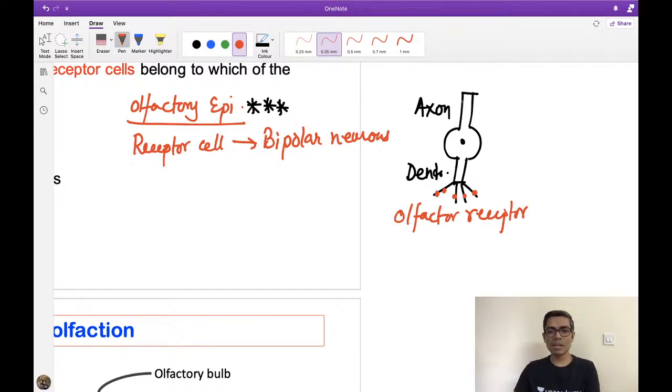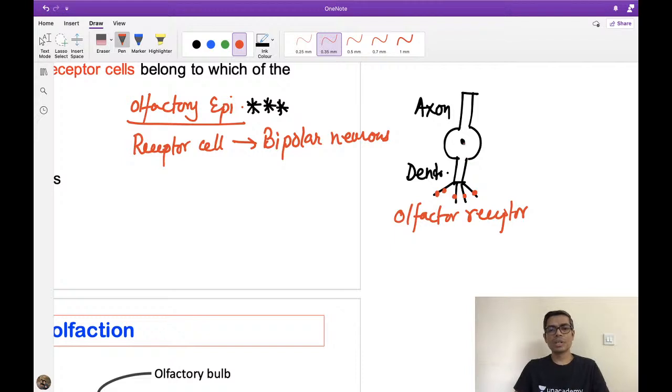So what I told is that olfactory receptors are located on a bipolar cell. Basically this bipolar sensory neuron is nothing but your olfactory neuron. Where are they located? They are located on the roof of the nose, that is the olfactory epithelium, right? And it is said that the olfactory epithelium is the area where the neurons are very close to the external environment. Everywhere in your body the neurons are very much protected, but here is the area where the neurons are exposed to the external environment.